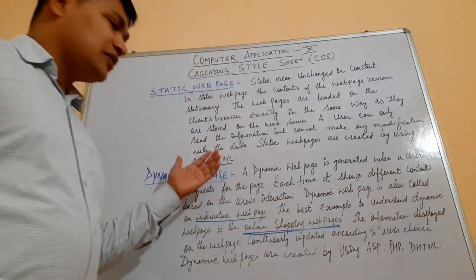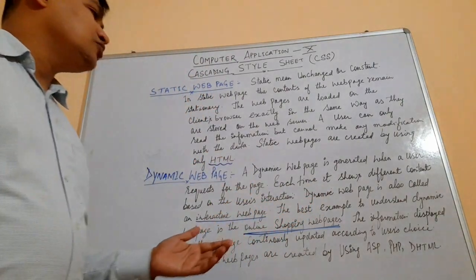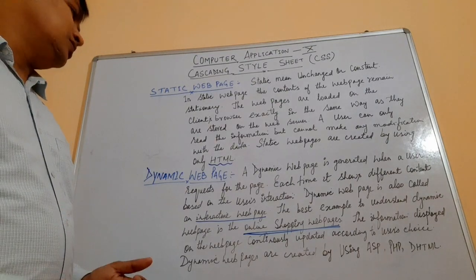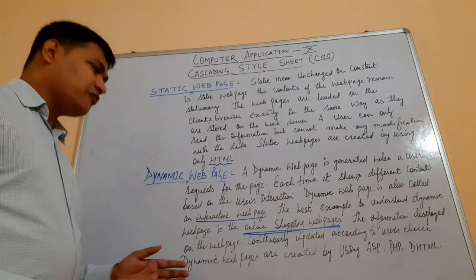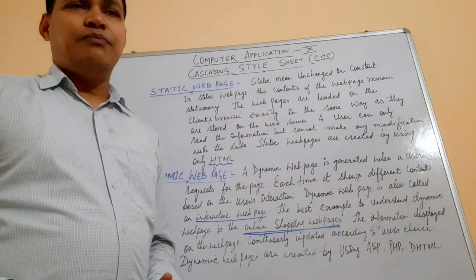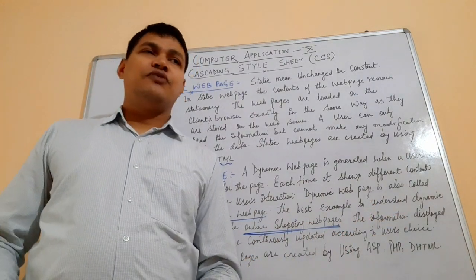But in the case of dynamic pages, you can change the information as you want. Information is displayed on the web page according to the user's choice. I have given an example.